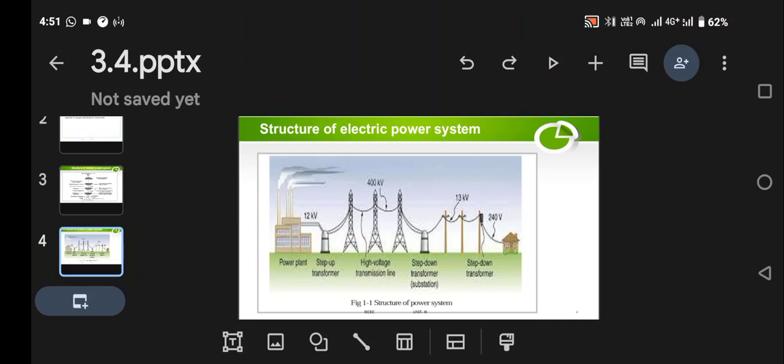So the structure is represented in one more diagram. From the power plant, the 12 kV is given to step-up transformer, which is increased to 100 kV. This is called as high voltage transmission lines. Again, it is reduced by means of step-down transformer at the substation.